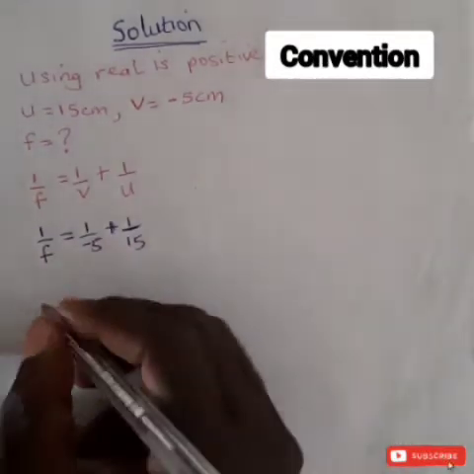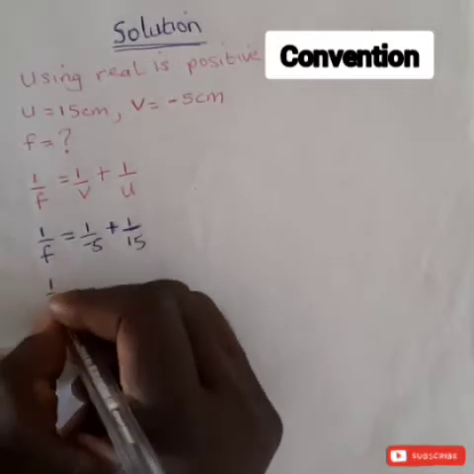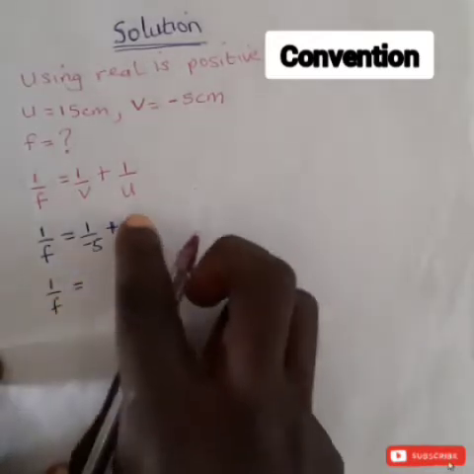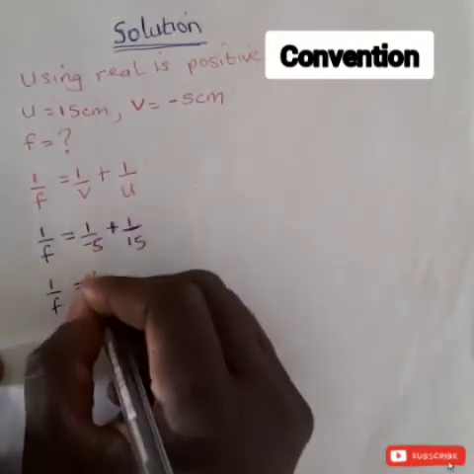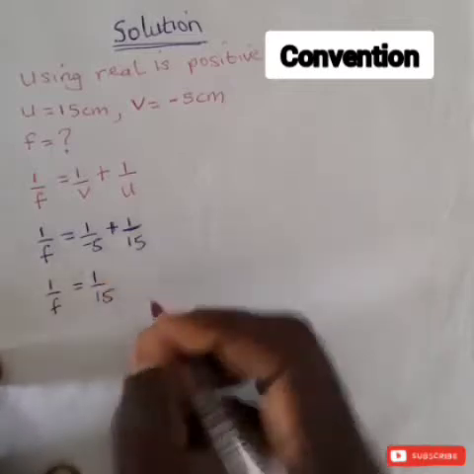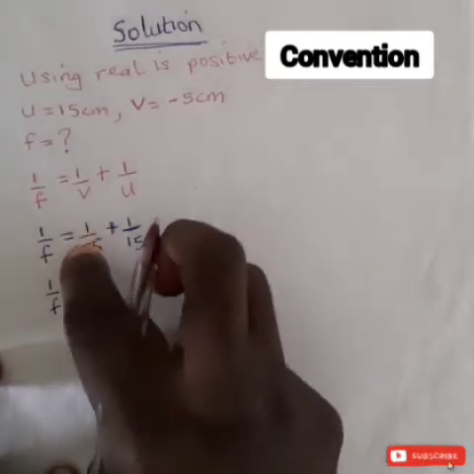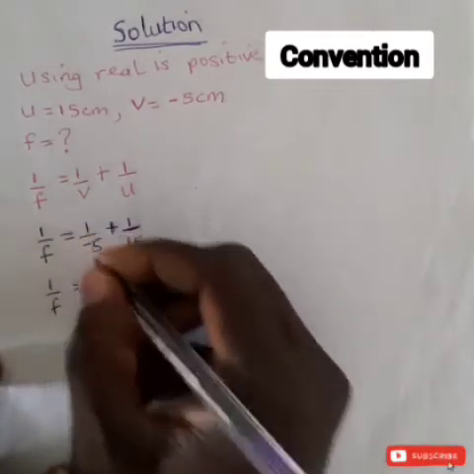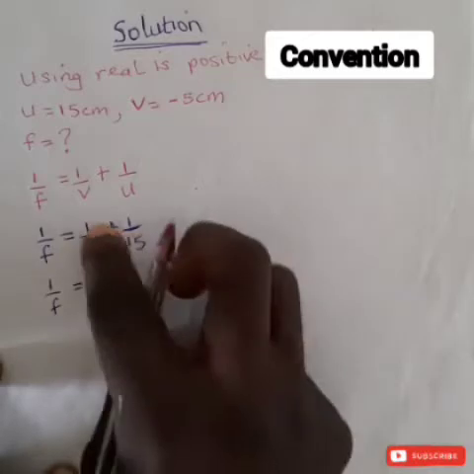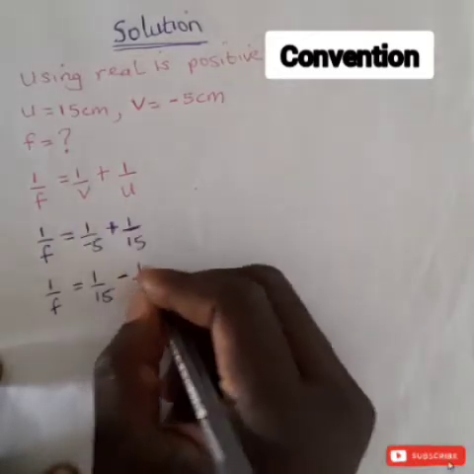And this is going to be equal to 1 over f equals, let me bring the positive value here, 1 over 15. Then I have this, plus divided by minus is minus. So I'm going to have 1 over 5.